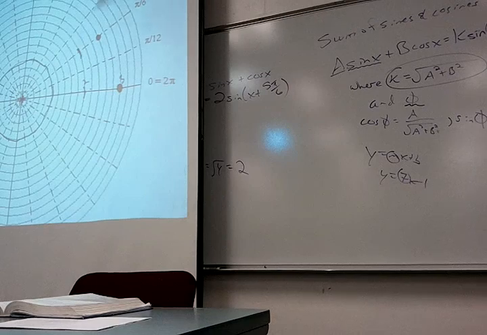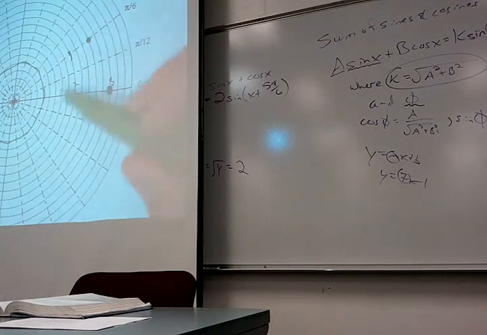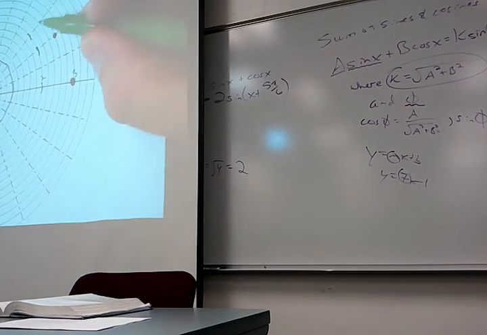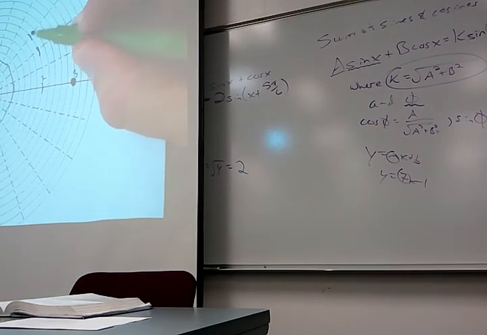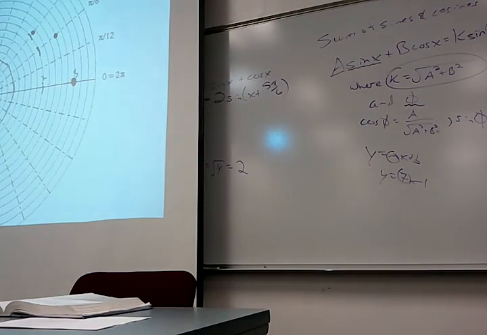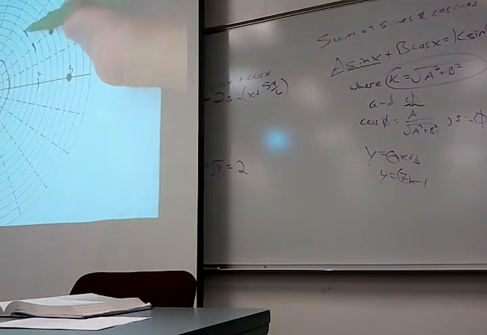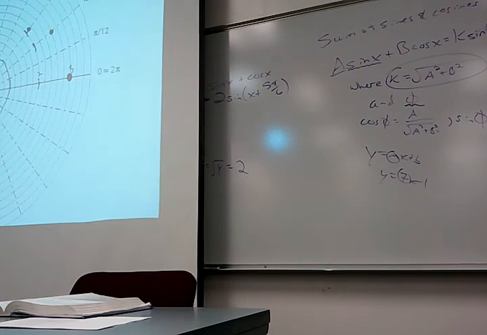So at pi over 4, I want to go out 2.1. That's why it's not a bad idea in general to have that scale where you can have 0.2, 0.4, 0.6, because then to find 0.1, 0.3, you just go in between. So this is 1, 2, 0.2 would be here, so 0.1 is right in between.